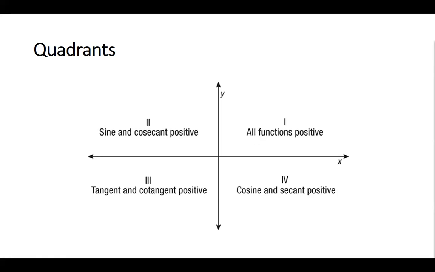And we're going to talk in the next slide about reciprocal identities. But I just want to point out here that sine and cosecant are related to each other. So that's why they're both positive at the same time. Tangent and cotangent are related to each other. And cosine and secant are related to each other. So that's why they're mentioned together.